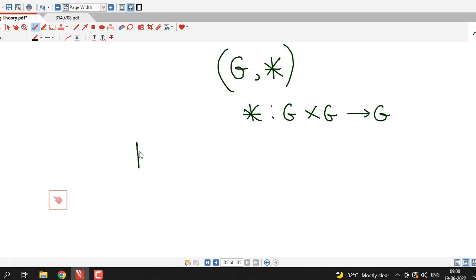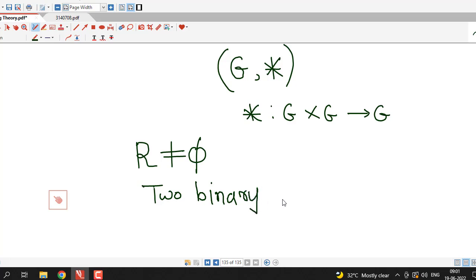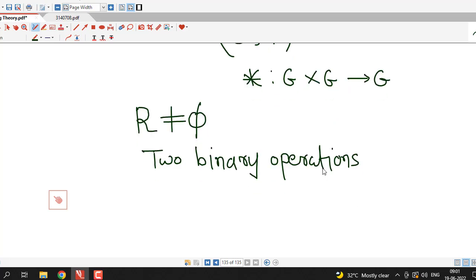For example, suppose we consider some non-empty set, say capital R, and suppose we consider two binary operations on this set R. Now these two binary operations are denoted by two notations. One operation is denoted by plus, and another operation is denoted by juxtaposition.